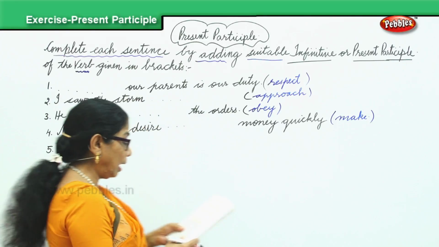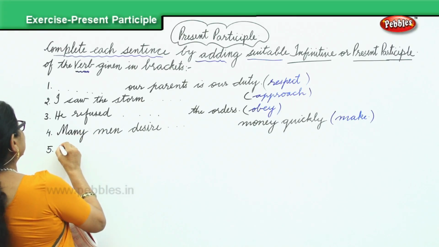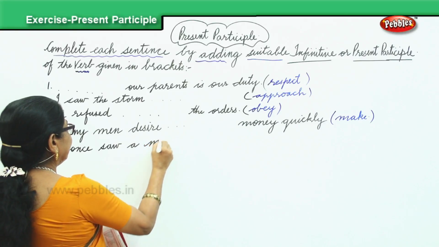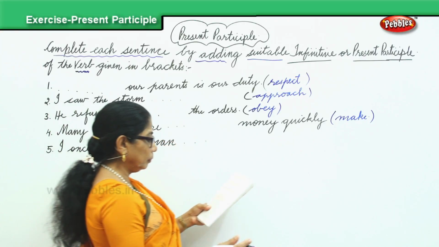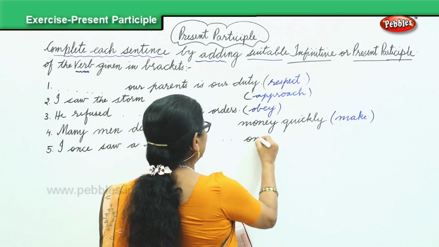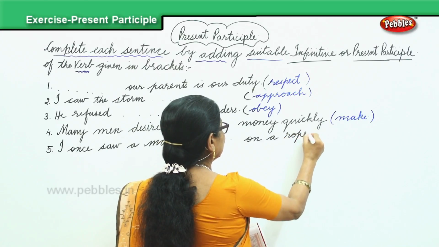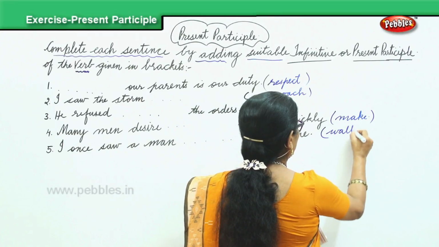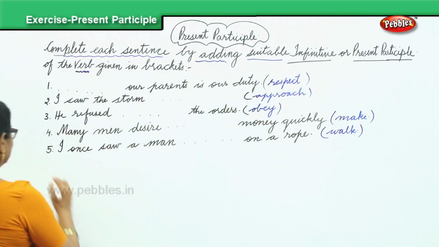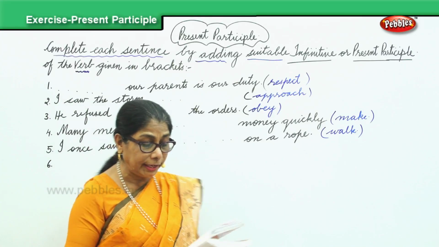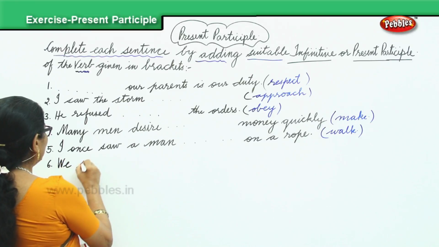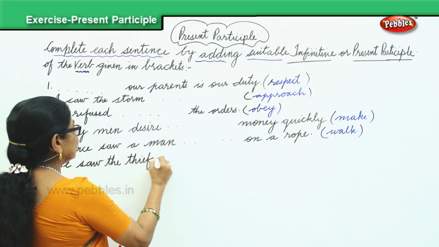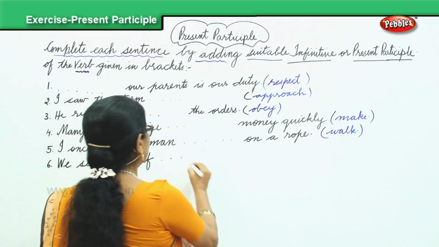I once saw a man, on a rope. The word given is walk. Next one: We saw the thief, away.